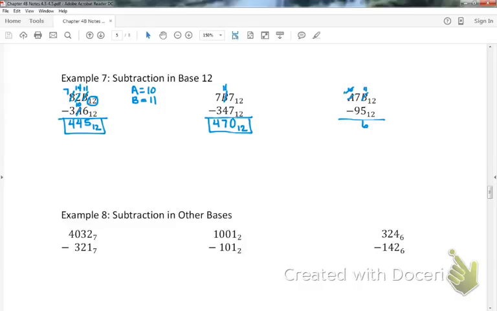So this 10 is going to become a 9. This 7 becomes 19. So now I have 19 minus 9, which is 10. Remember that 10 is really A. That's what we use to represent it in base 12. And now 9, I'm not subtracting anything in the last column. So my final answer here would be 9A6 in base 12.